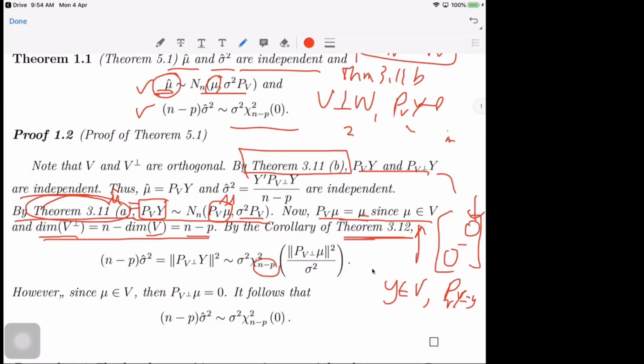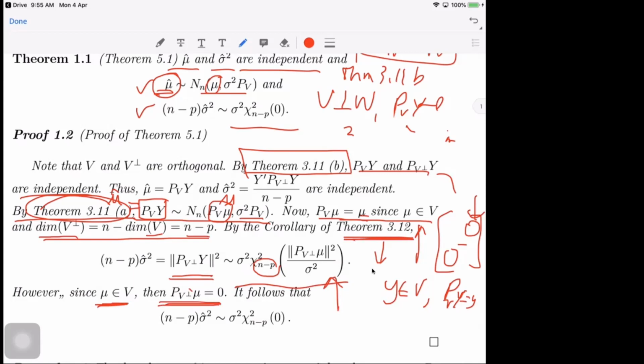And then you use this result, 3.12, gikuha man ni nato unsay distribution sa ato ang square norm, no? The square norm of the projection of y onto b perp, which is chi-square, with this non-centrality parameter, but then since mu is in v, you have a result also kung naa sa v, then the projection of u onto b perp is 0.